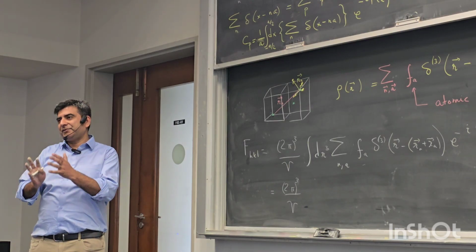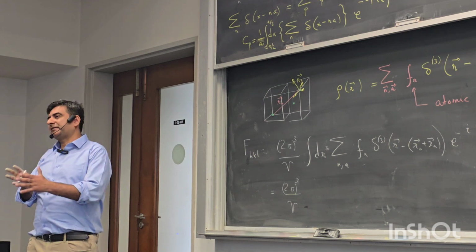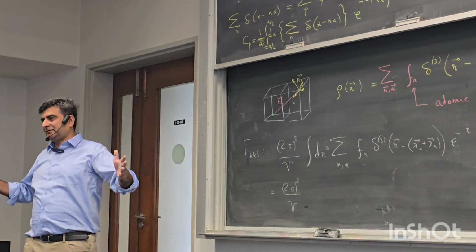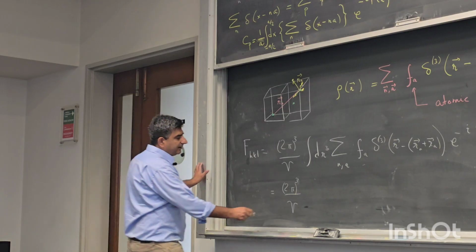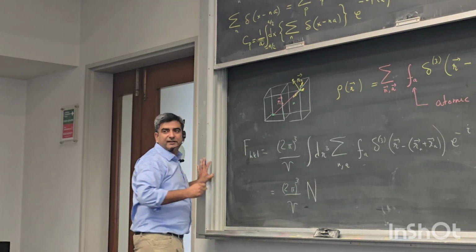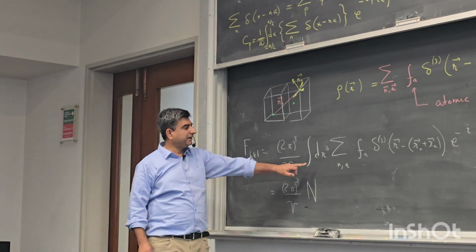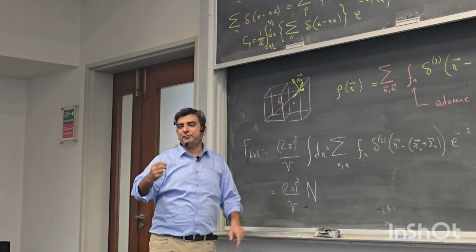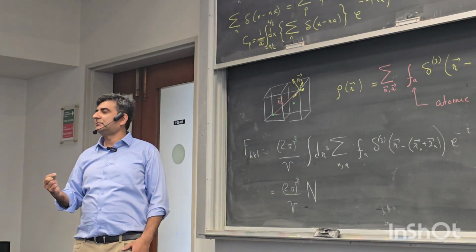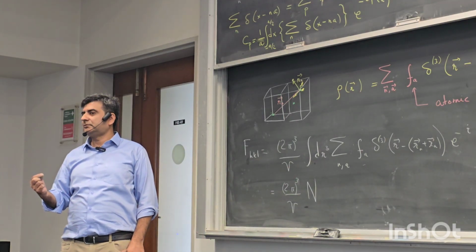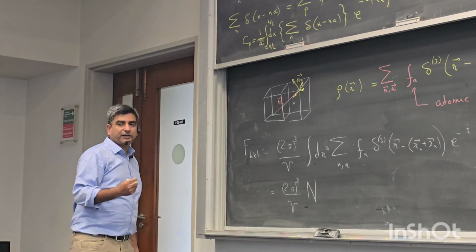It's a multiple of each unit cell, and you multiply this with the number of unit cells, correct? So if I take the number of unit cells to be n, then I can replace this integral over all of volume with an integral over a unit cell.